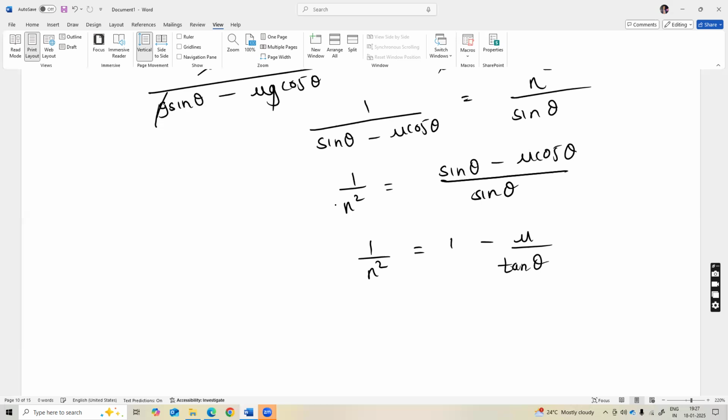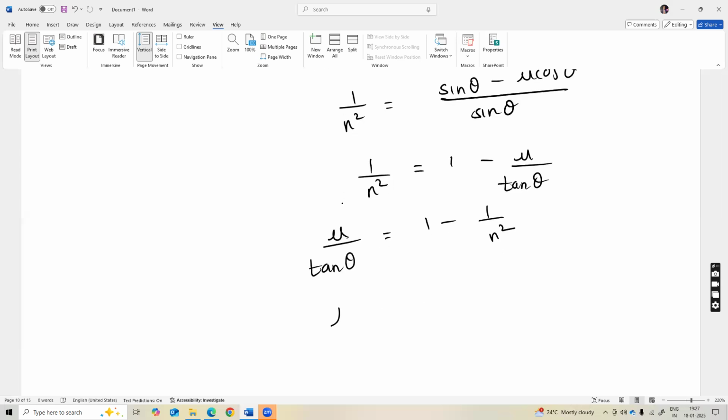Okay. So mu upon tan theta is 1 minus 1 upon n square. So finally the equation you got is mu is equal to 1 minus 1 upon n square, into tan theta.